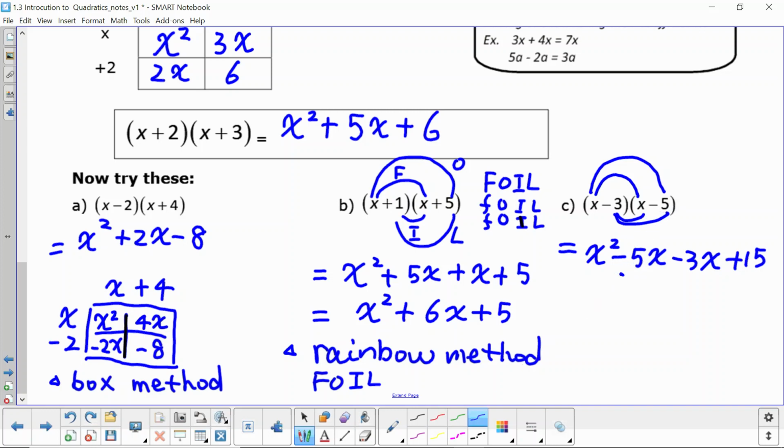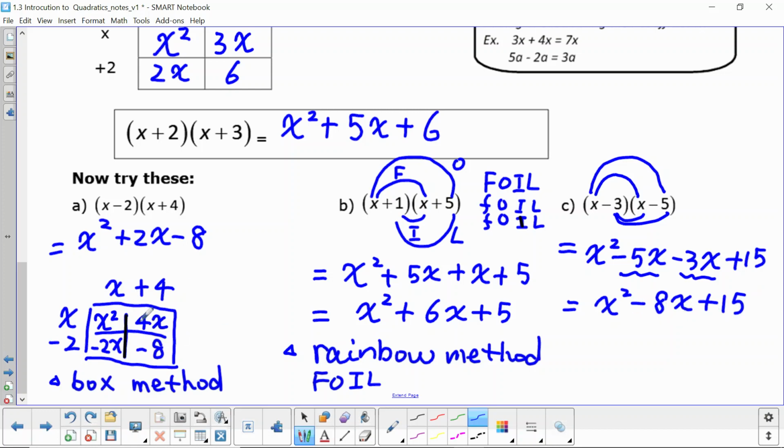Then collect the like terms. So expanding is the same as simplifying. The final answer should have no brackets and no like terms. Then it's done. So check your answer.